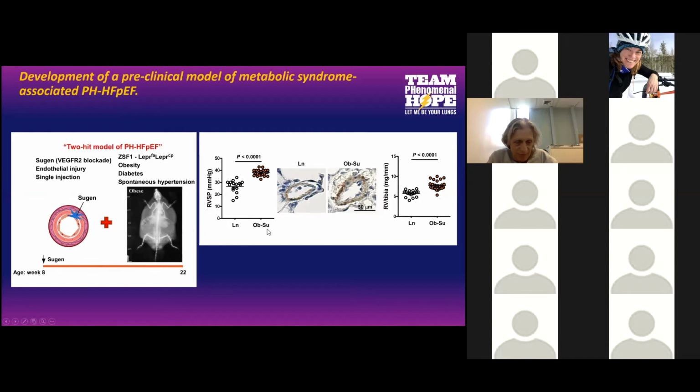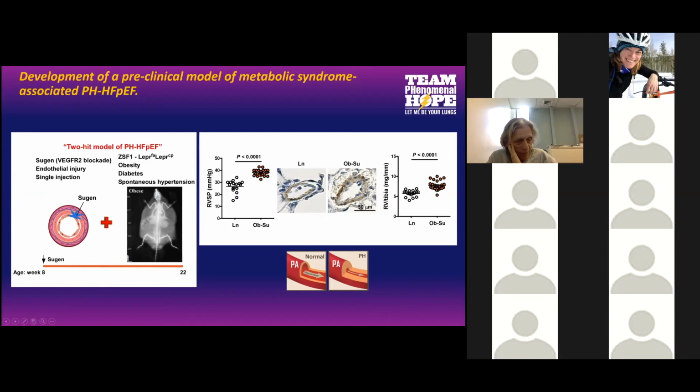As you can see, the combination treatment with Sugen in these animals gives higher pulmonary pressure compared to the lean untreated animals, and their vessels become thicker. As I mentioned earlier, the vessel wall becomes thicker, and they also have a bigger right side of the heart.